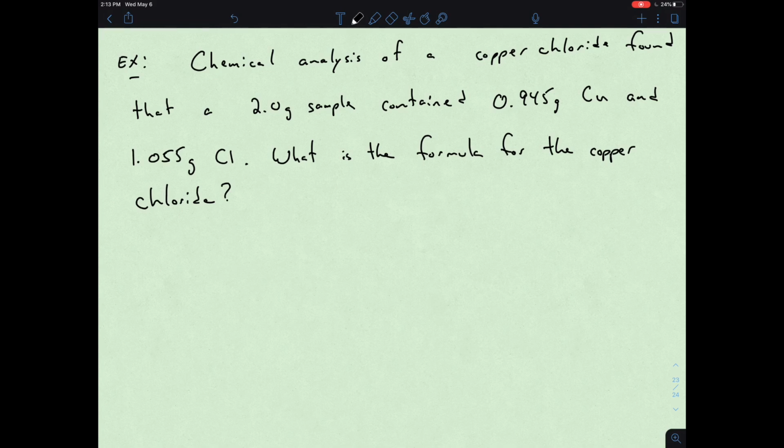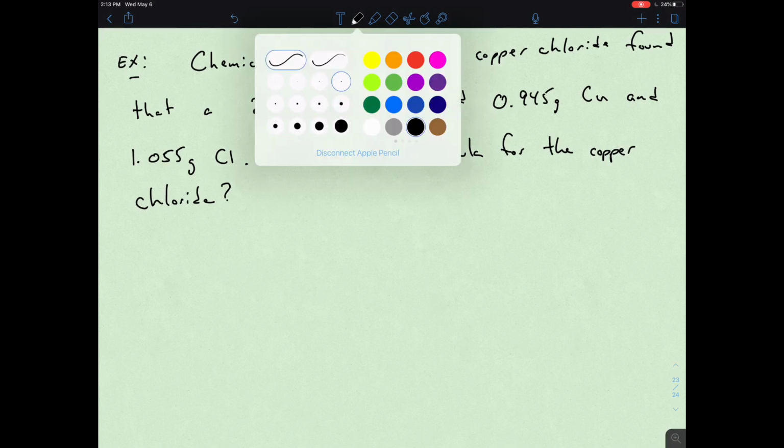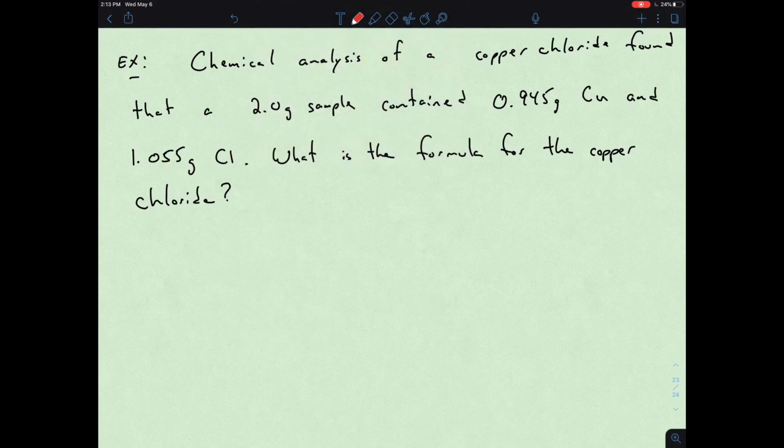So, we have a couple of different pieces of information that are going to help us here. We have the mass of our copper. We have the mass of this chlorine. And ultimately, we're talking about a copper chloride. We have this 2-gram sample, but really it's just describing whether we have something that's pure or not.